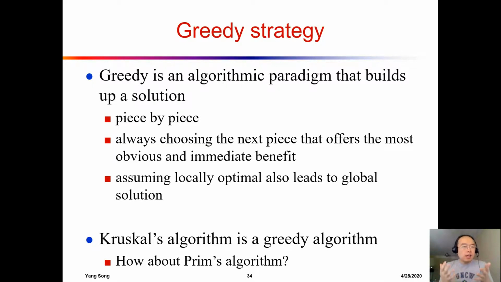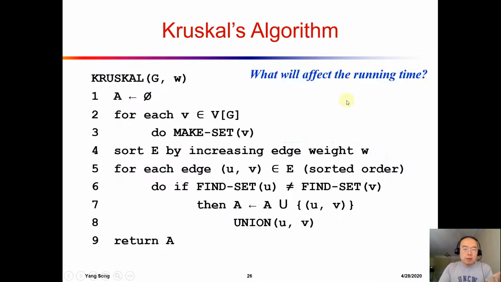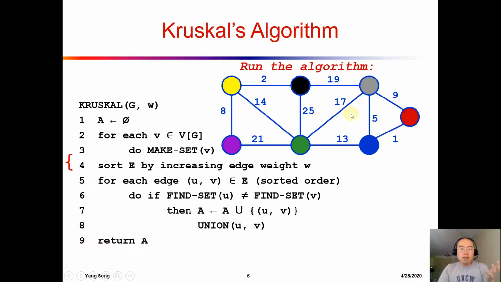Okay, and then if we step back and take a look at the Kruskal algorithm, so let me go back. What we did was, we started from the lowest, right? We start from the lowest, and then we decide if we want to take that or not, and then we move on to the next one and again decide if we want to pick that or not, and we always do this.